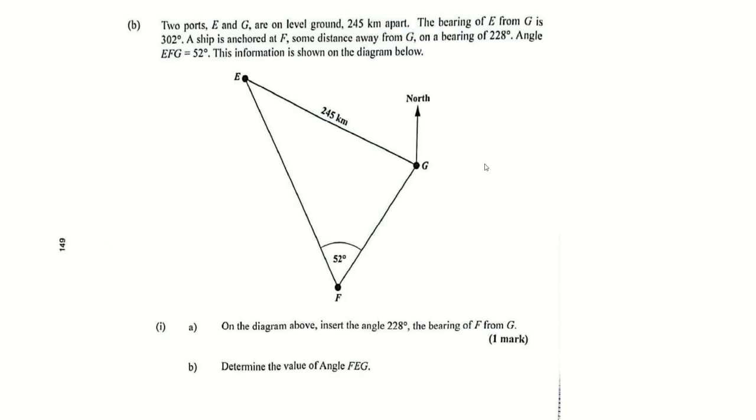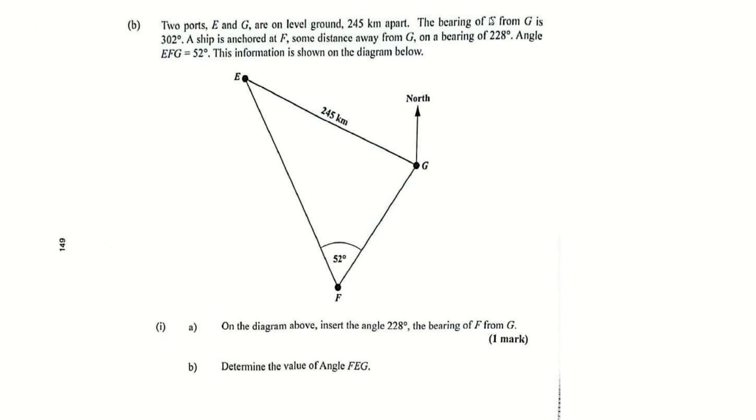So this is part B, which, as soon as you see it, is a bearings type question, right? The two ports E and G on ground level are 245 kilometers apart.